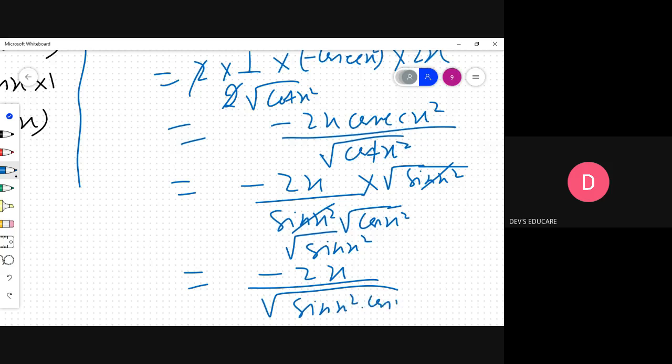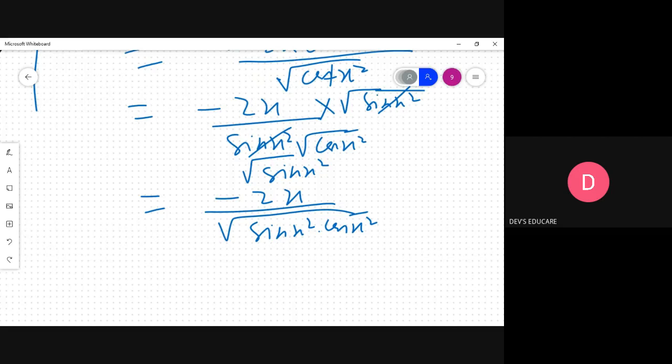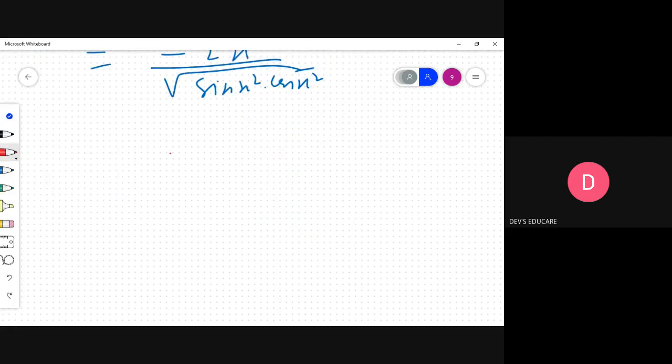Again simplifying. However, you can leave it there only, but the answer in NCERT is in simplified form. So minus 2x, and we multiply by 2 over here in sin x square cos x square, and hence we have to multiply root 2 in the numerator also.